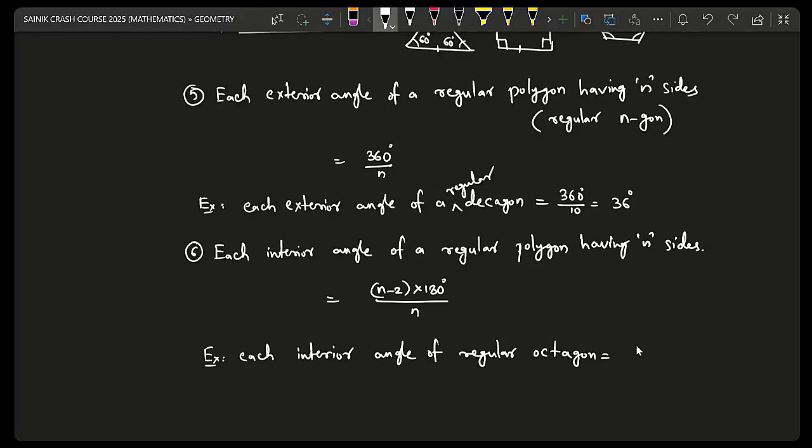Harshvardhan? Harshvardhan, octagon means having how many sides?